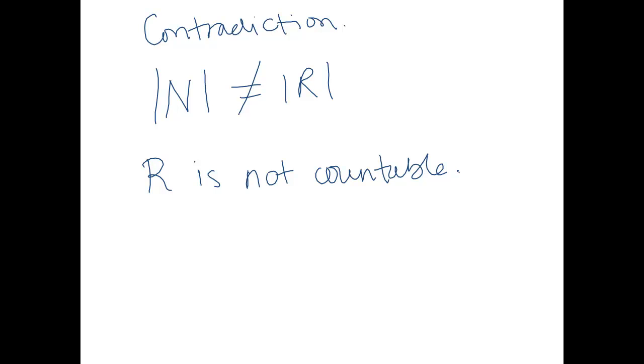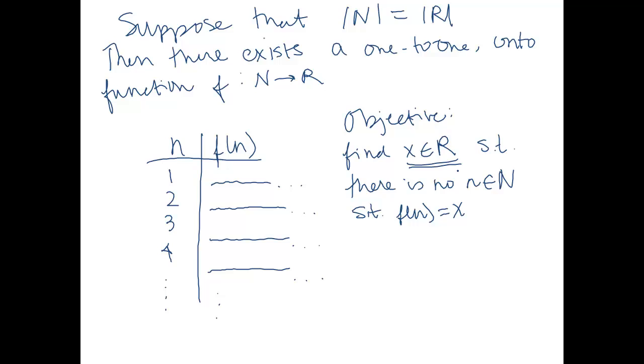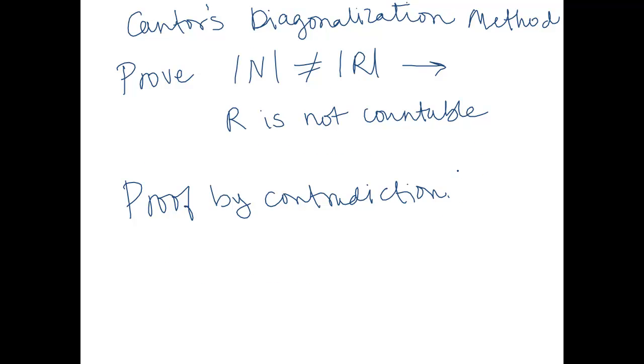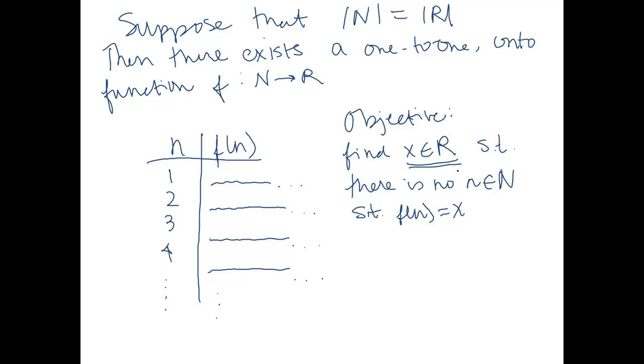I just want to very quickly address one concern that you might have. If we look back, we remember that our assumption that n equals r implied that there exists a one-to-one onto function that maps n to r.